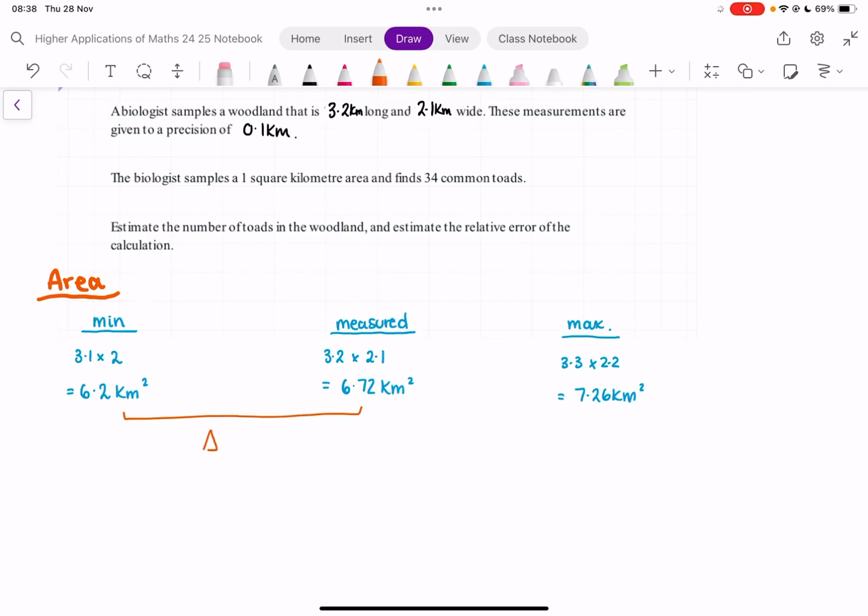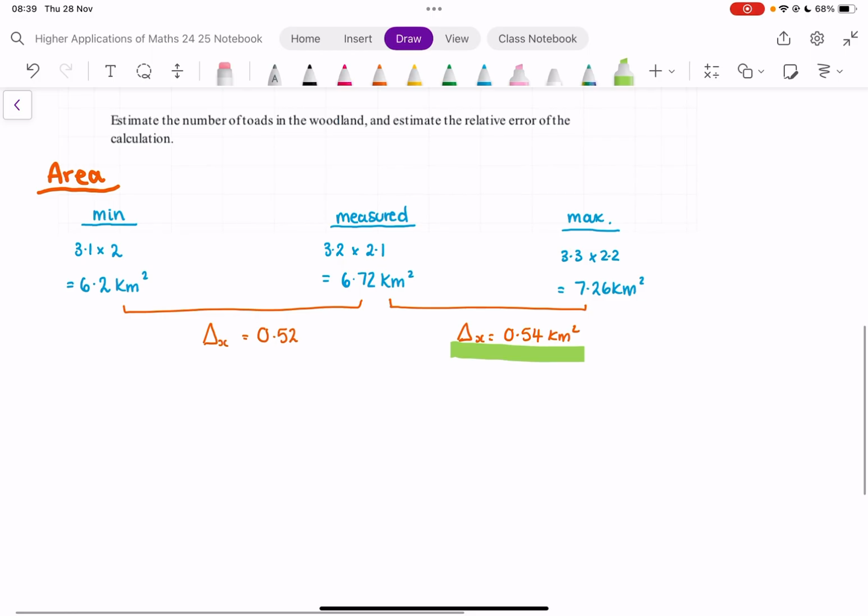The absolute error between 6.72 and 6.2 is 0.52, and then my absolute error here is 0.54 kilometres squared. So we choose the larger of the two, so this is my absolute error of the area.